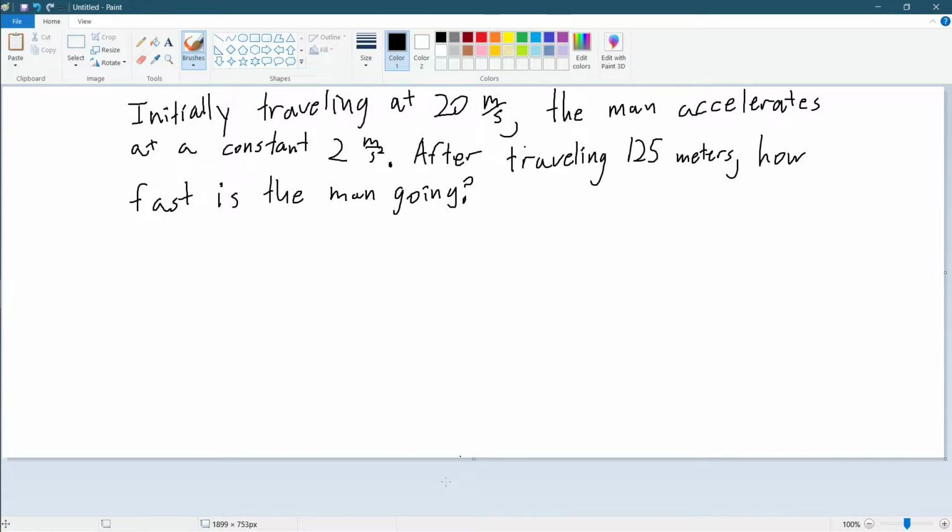There, we're going to get a lot of information just by reading the question. So initially traveling at 20 meters per second, so that's the initial velocity, which is 20 meters, whoops, forgot to write the zero, 20 meters per second. And the man accelerates at a constant 2 meters per second squared, which is our acceleration.